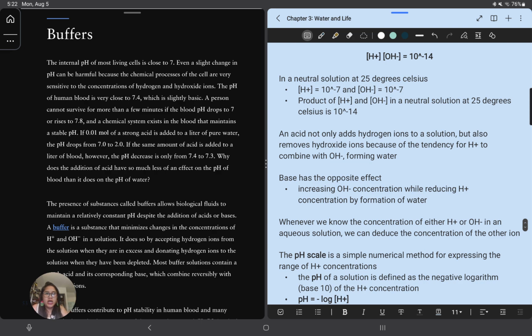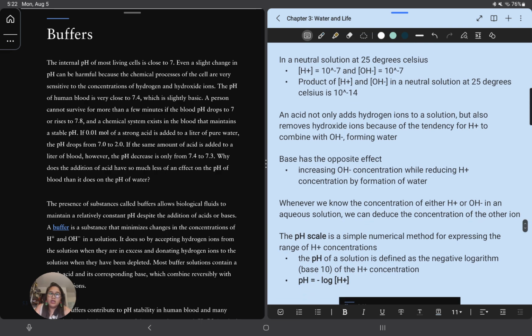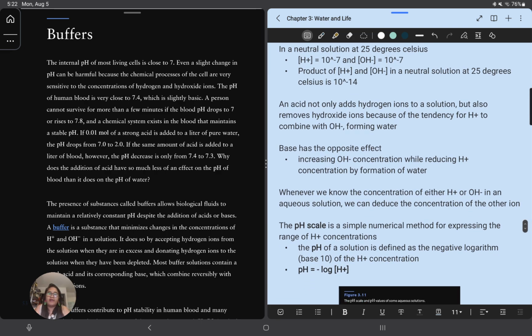So hydrogen ions times hydroxide ions equal 10 to the negative 14th. In a neutral solution at 25 degrees Celsius, hydrogen ions equal 10 to the negative 7th, and hydroxide ions equal 10 to the negative 7th. The product in a neutral solution is 10 to the negative 14th.